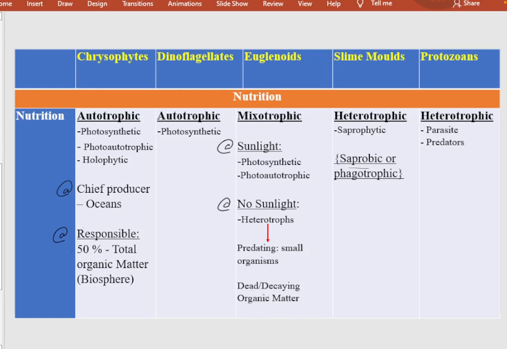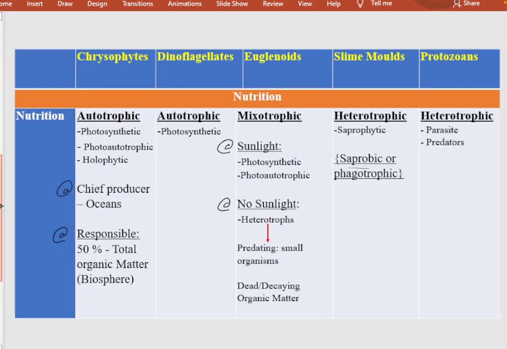They are called saprobic, saprophytic, phagotrophic. Phag means eat; sapro means dead organic matter is absorbed as simple substances. These are parasites or predators, mostly predators, and parasites also.